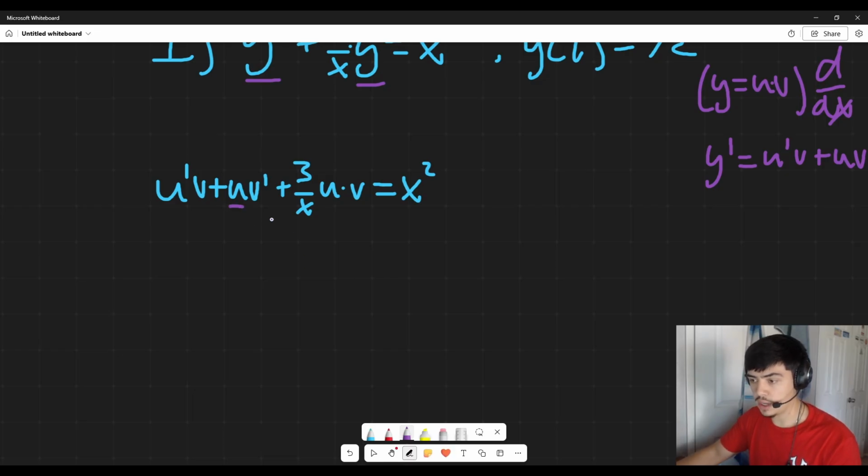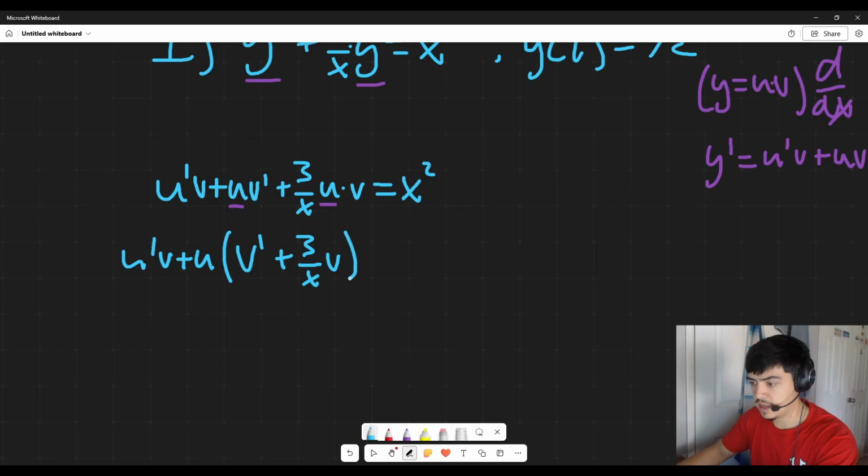We have a u right here. We also have a u right here, meaning we have a common term. We can factor that u out, which results in u prime times v plus u, and in parentheses since we're factoring out a u, we get v prime plus 3 over x times v equaling x squared.